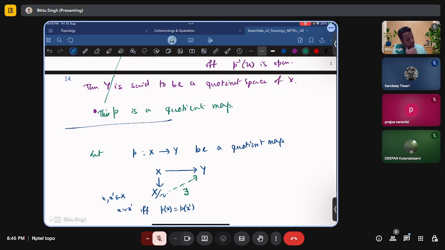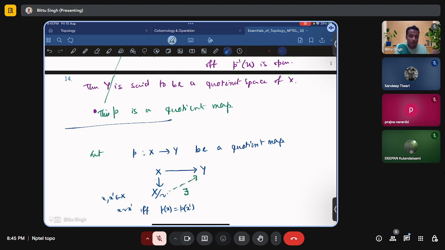There exists a continuous map. Okay. This is the given quotient map. This factorization holds for any map, not only for quotient map.